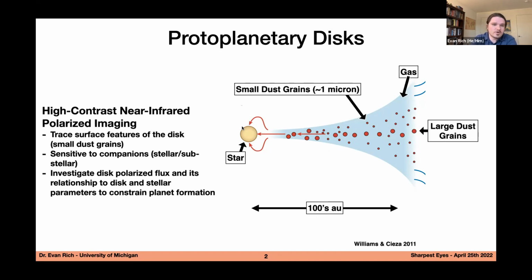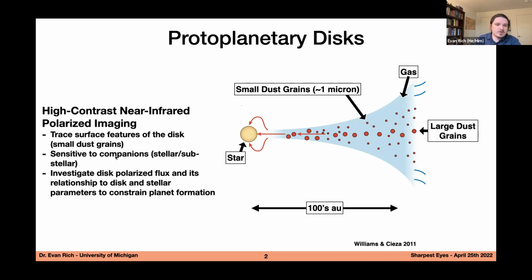I think what's really important with polarized imagery is not only do you get to see the small dust grains themselves, but you can also see shadowing or self-shadowing of the disk, which really reveals a lot of great information about what's going on in the inner regions of the disk that can occasionally be hard to access.